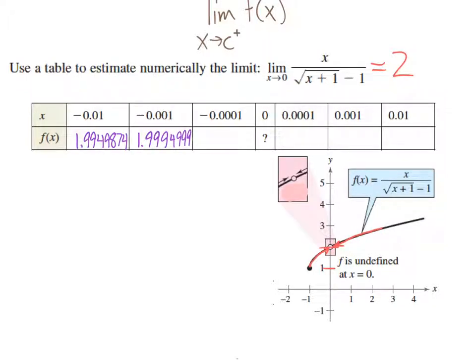Now, does it look like it's approaching 2? Okay, it kind of does, but let's go one more step. Let's type in a negative 0.0001, and we get a 1.99995. Okay?